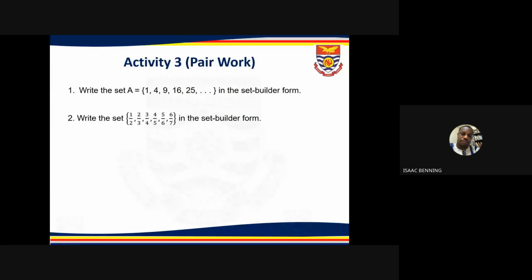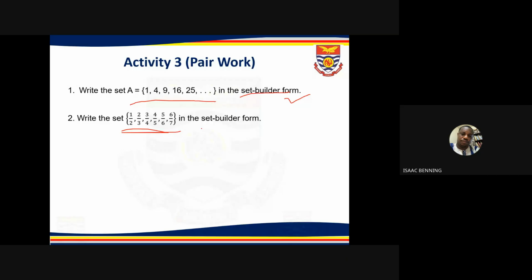So I've given an exercise here for you. Take your time and do it. Write the set A, whose elements are 1, 4, 9, 16, 25, in the set builder notation form. If this set has been given in the roster form, write it in the set builder notation form. Similarly, this set is also in listing or roster form.